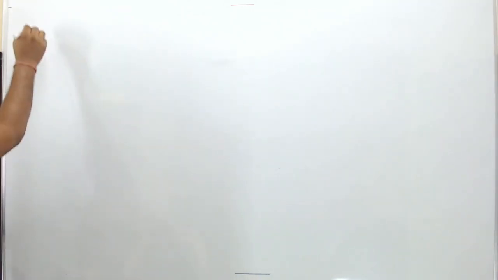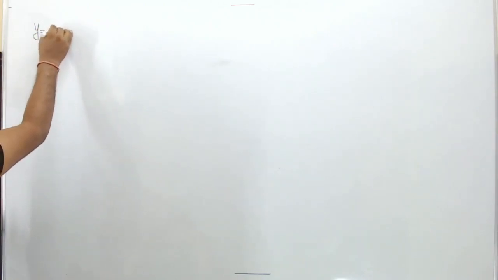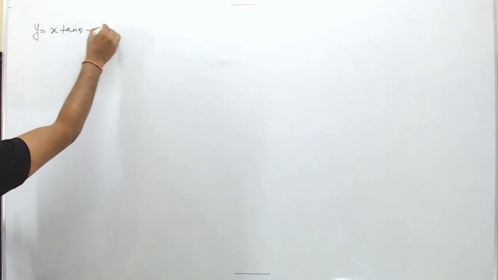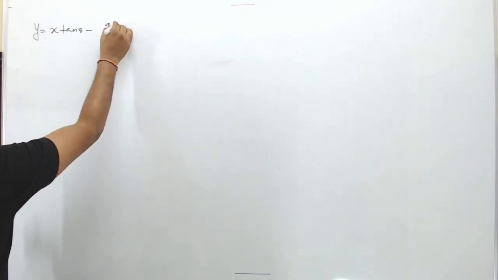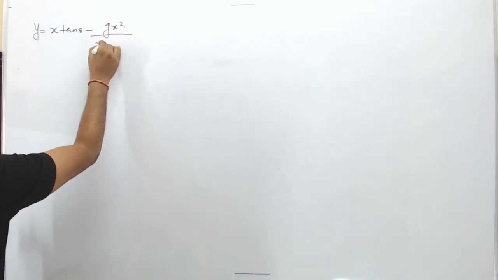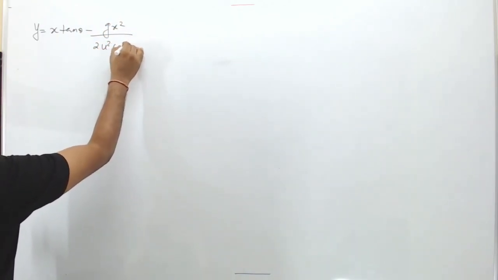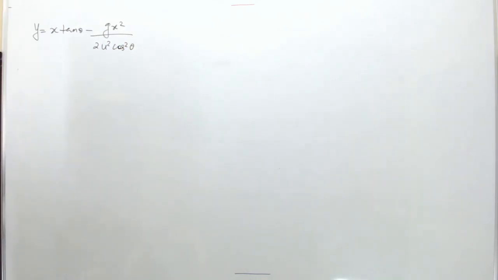All right. So just now we have seen that the equation of trajectory says y equals x tan theta minus g x square upon 2u square cos square theta. Now let us take x tan theta common from here.